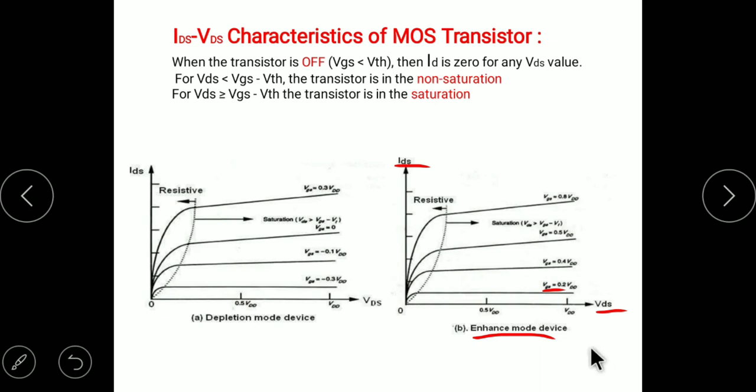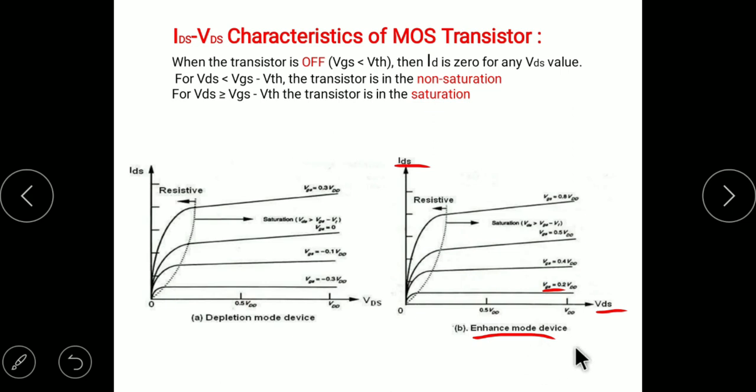Hence, it is necessary to apply positive gate voltage to develop the negative charge layer below the gate region. That is, if you apply positive gate voltage, what will happen? The minority charge carriers in the P substrate will be attracted towards the gate layer, hence they form a negative charge layer, or it forms the channel.